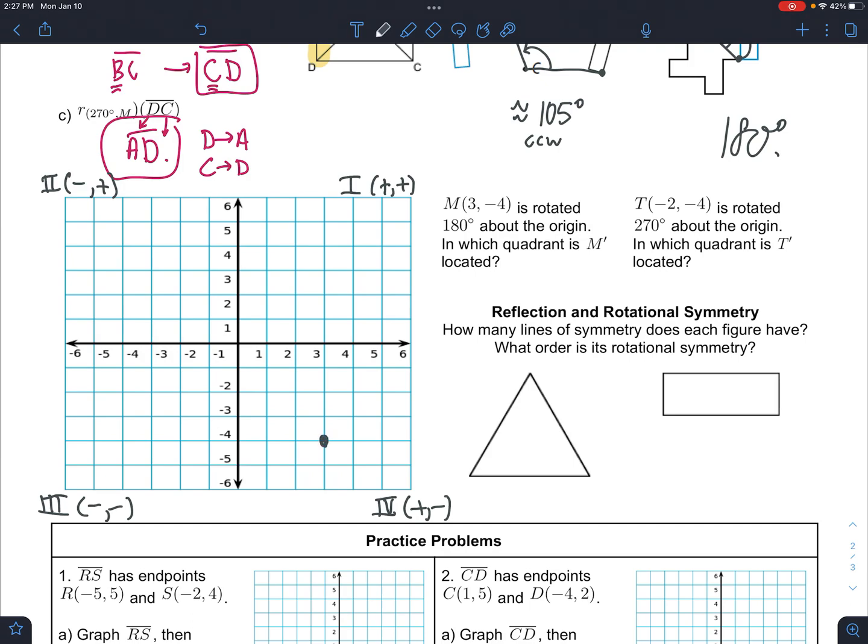So when they have M at 3, -4, and they want to rotate it 180 degrees about the origin, we can just estimate what quadrant that's in, because if it's 180, then it's going to go to this quadrant, and then it's going to go to this quadrant. So this should be 2 quadrants away, which would be quadrant 2, right? And if we did map this out, I can tell you that it's going to go here at -3, 4. Yep.